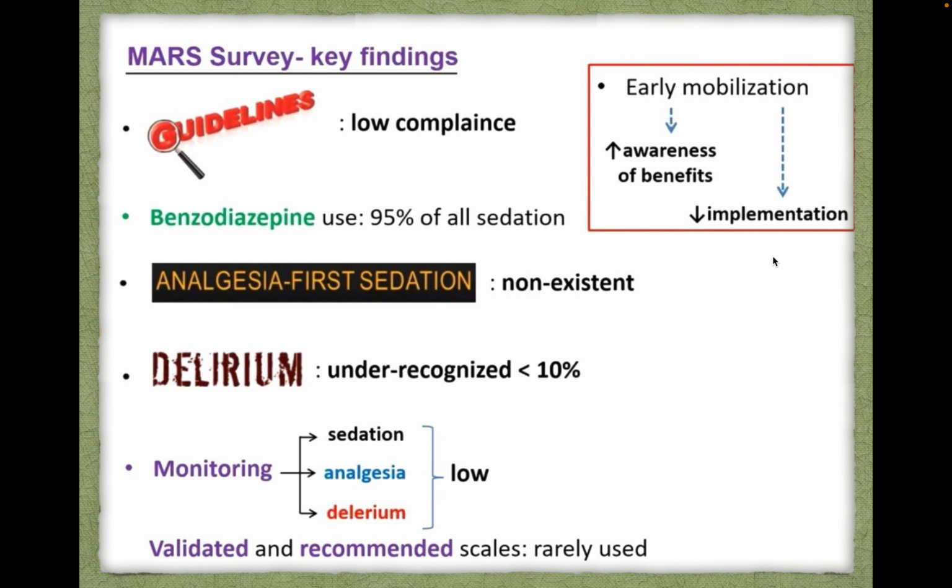So about a decade ago, we were not following very good sedation and analgesia practices. The take home message for this slide is: all the things you can read here, we need to do exactly the opposite.